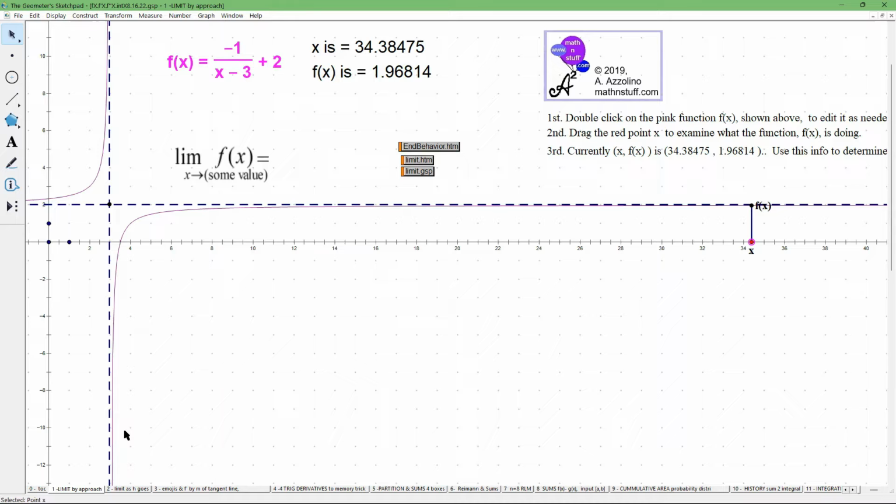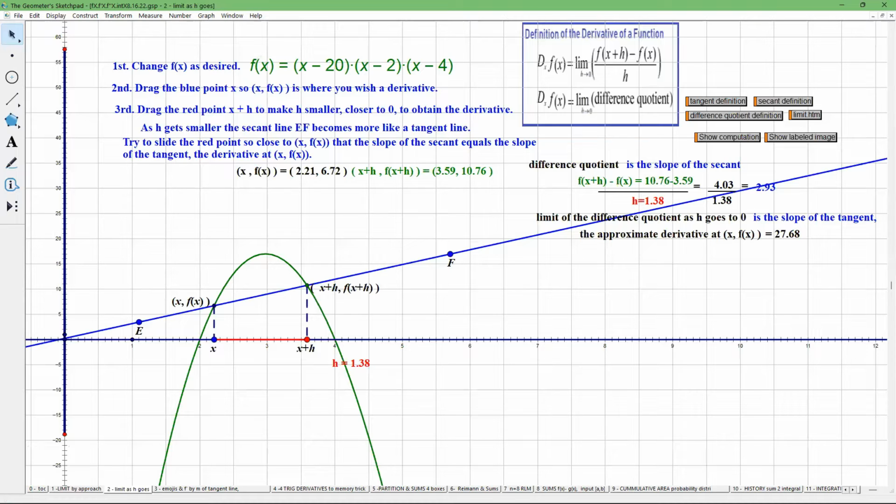Next page I'd like to talk about is the limits as x goes to. This is the traditional way of presenting a derivative as the limit of the difference quotient.